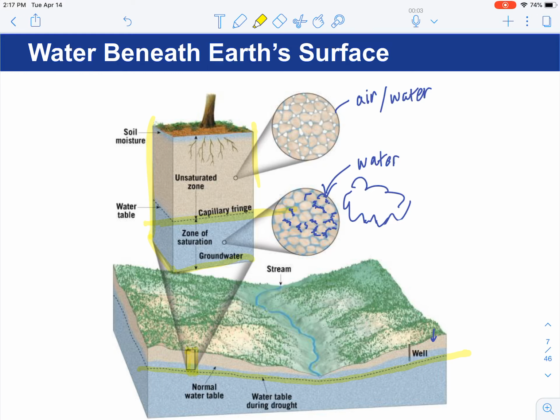And this becomes important because a lot of areas around the United States rely on well water for domestic and agricultural and industrial use. And so a well is like a borehole that's drilled down into soil and rock, and it's used kind of like a straw to extract the freshwater resources from this aquifer or the zone of saturation.